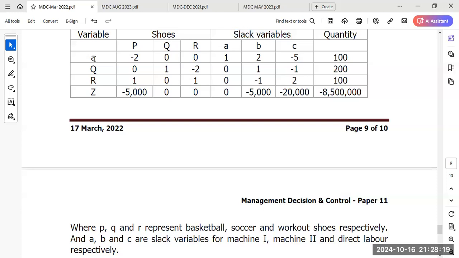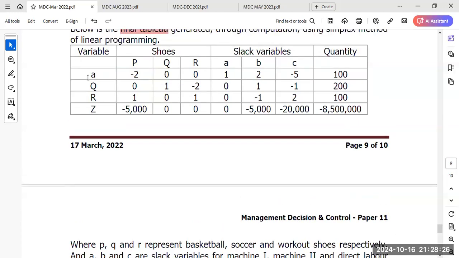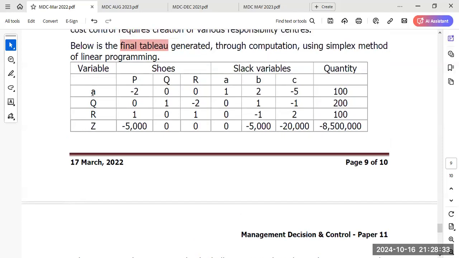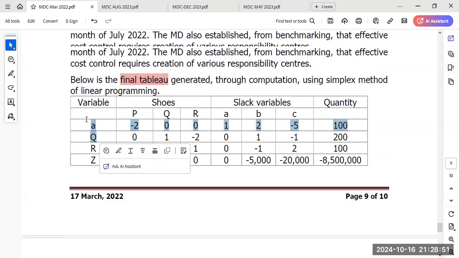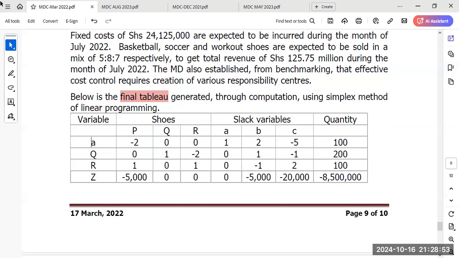When you check the question, do you have unutilized resources? Remember, slack variable represents surplus, unutilized resources. If you realize that on your solution variable there is a slack variable, it means that the company did not utilize all the resources that were available. You see like here you have A. It means that out of what was available, 100 remained.